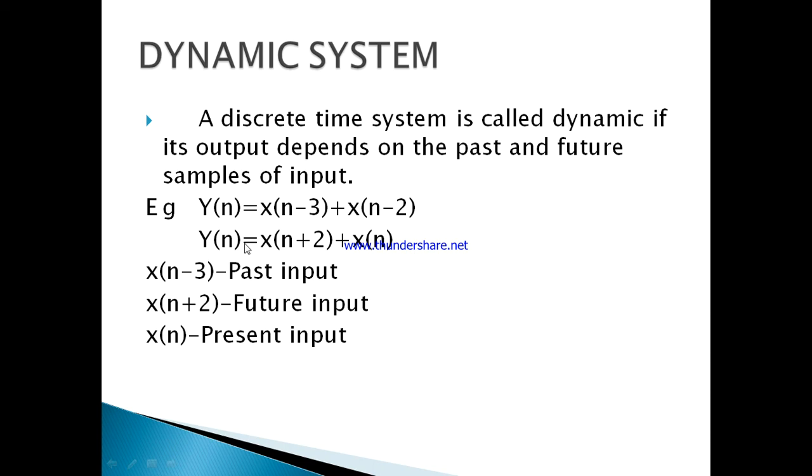So this second function depends on the present and future input. So we are calling this a dynamic system. Static system means at any instant of time the output depends on the present input. That is static. Dynamic system means the output depends on the past and future samples of input.